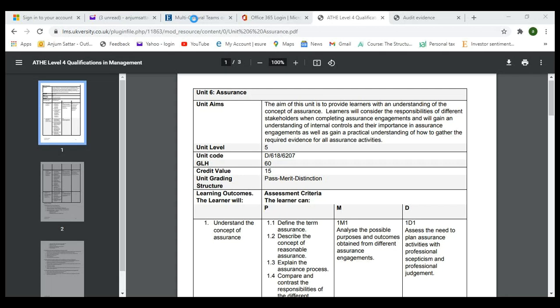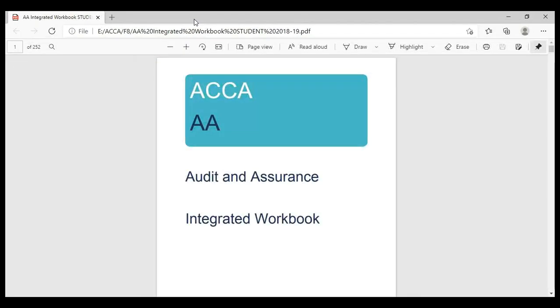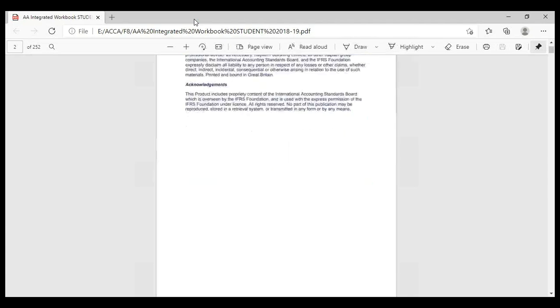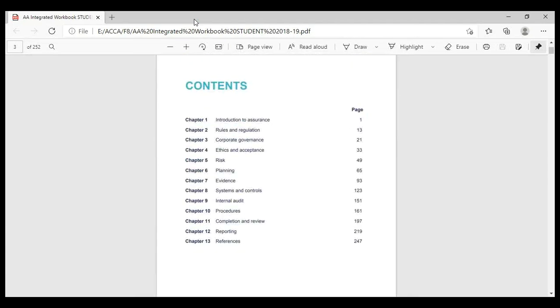Is it F6 or is it F9? Sorry, F8. F8, okay. Yes, it is based on F8, because assurance is part of audit and assurance, which is an F8 exam according to the ACCA layout. So this will be the booklet which I'll send you.